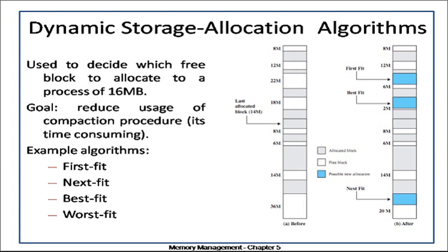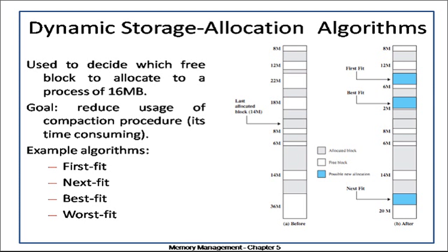The next algorithm is next fit. As our previous search stopped at the location of 14M, as shown in the before diagram, 14M was allocated in the previous search. So for next fit our search will start from that particular location. We search from 8M.